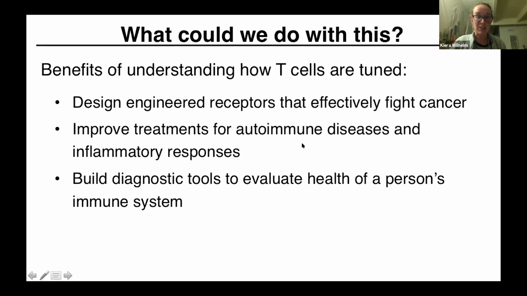And so by understanding how T cells are tuned, we could maybe improve upon these treatments. And then lastly, maybe build diagnostic tools to evaluate the health of a person's immune system, the health of their T cells and their ability to sense and discriminate self and non-self.